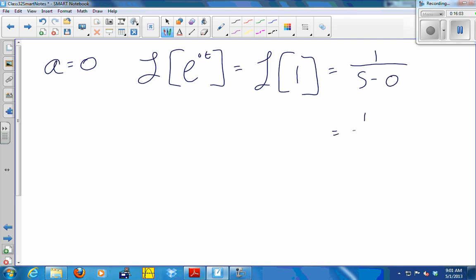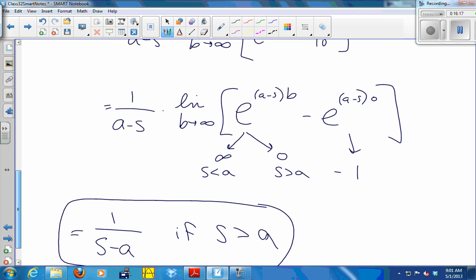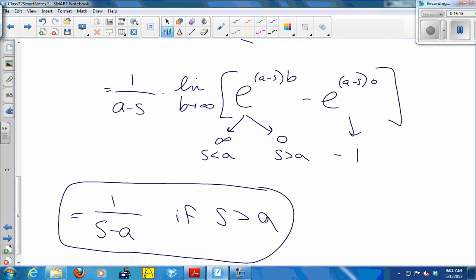So this is 1 over s. Again, if s is bigger than 0, right?